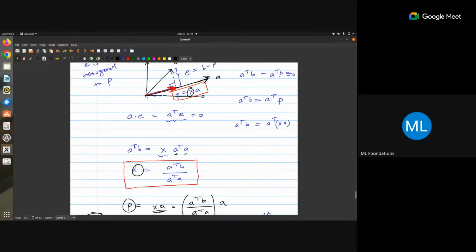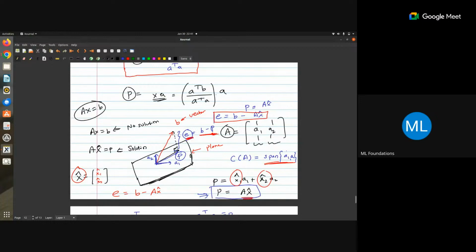You just multiplied this constant with that vector A to get my projection vector. But at that time x was a scalar which I multiplied with vector A to get P. But in the two-dimensional case, what will it be now? That x will be x hat, and in that case x hat will be a vector, right? It will not be a scalar, correct?